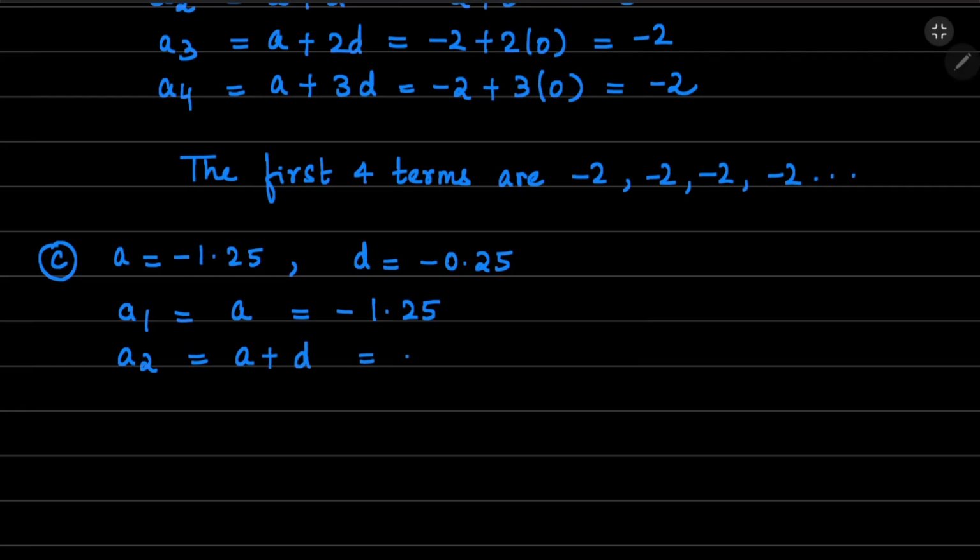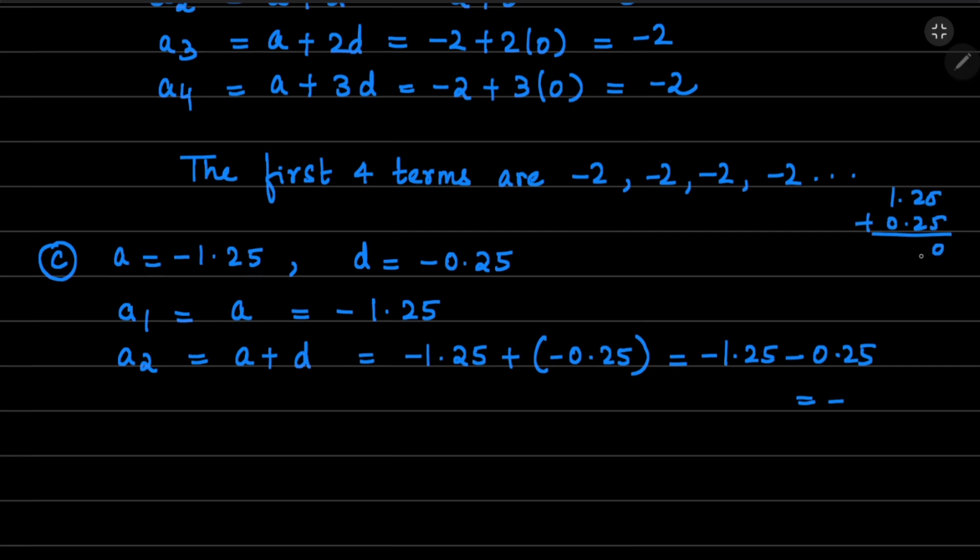A plus D. So it's minus 1.25 plus of minus 0.25, which is just subtract. Minus 1.25 plus into minus is minus 0.25, which will be equal to, how much is that? You just have to add 1.25 plus 0.25. So you have 0, 5. So it's minus 1.5. Right?